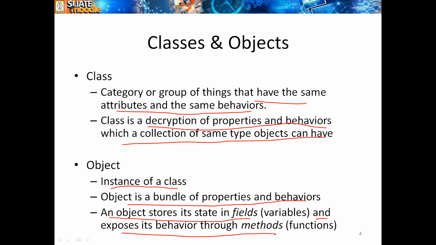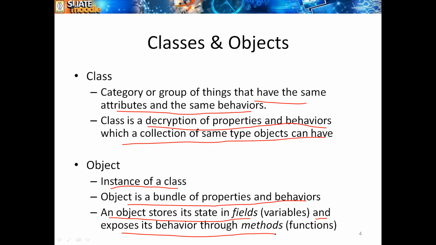This means when we create a car object of the vehicle class, the vehicle class qualities should be included in the car object. If they are not included, this car object is not a vehicle class object. It is another class's object.